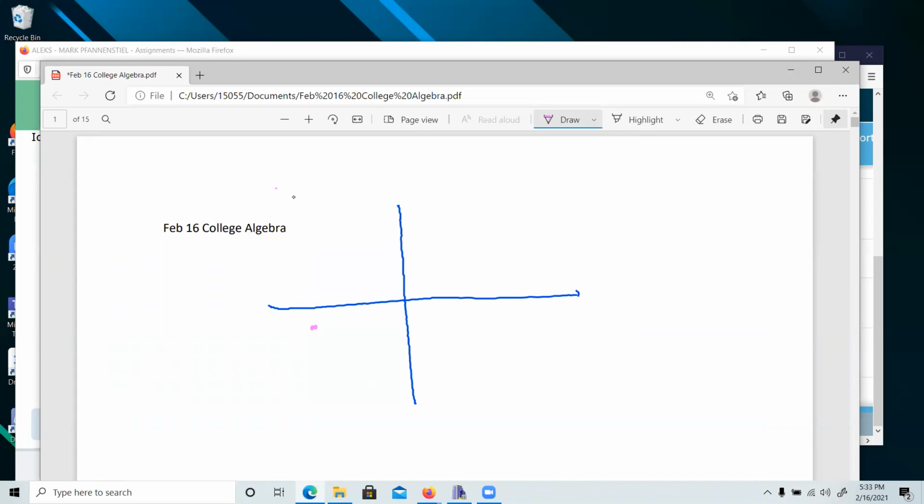And we'll give it an absolute endpoint. So we have an absolute min. It's the smallest point on the graph.